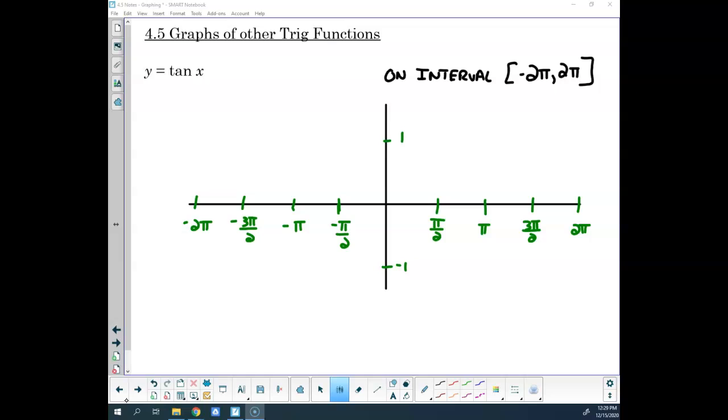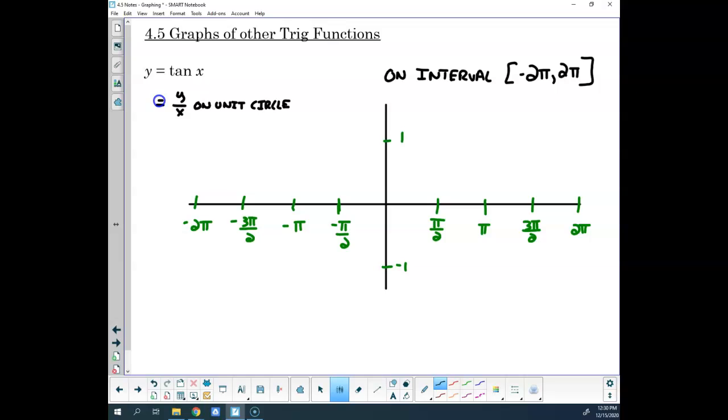My question to everyone is, first off, what is tangent, either on the unit circle or in general? On the unit circle, it's y over x. That's okay, because we'll be using our unit circle here in a minute.